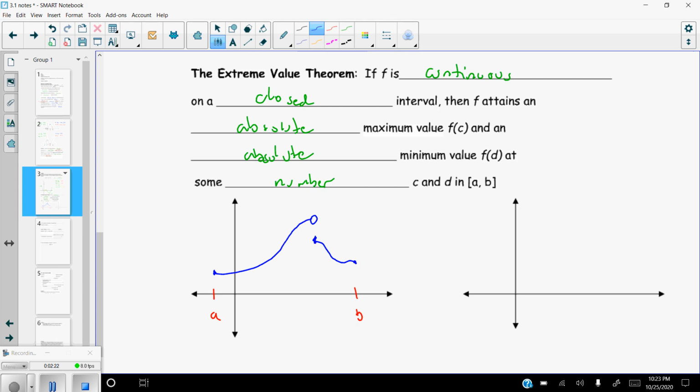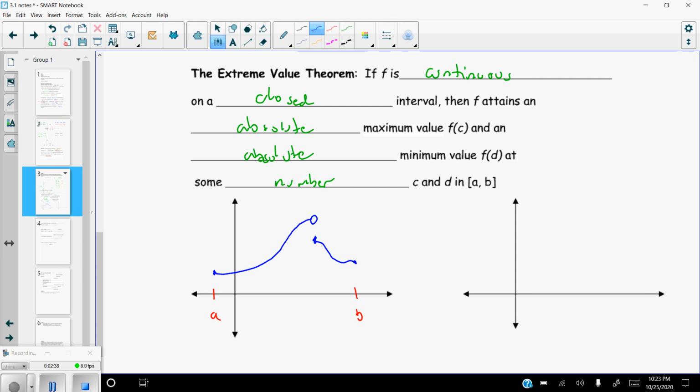What you should be able to see here is that this is a closed interval between a and b because the endpoints are included. The biggest thing here is it's not continuous. So the extreme value theorem is not going to hold here necessarily.